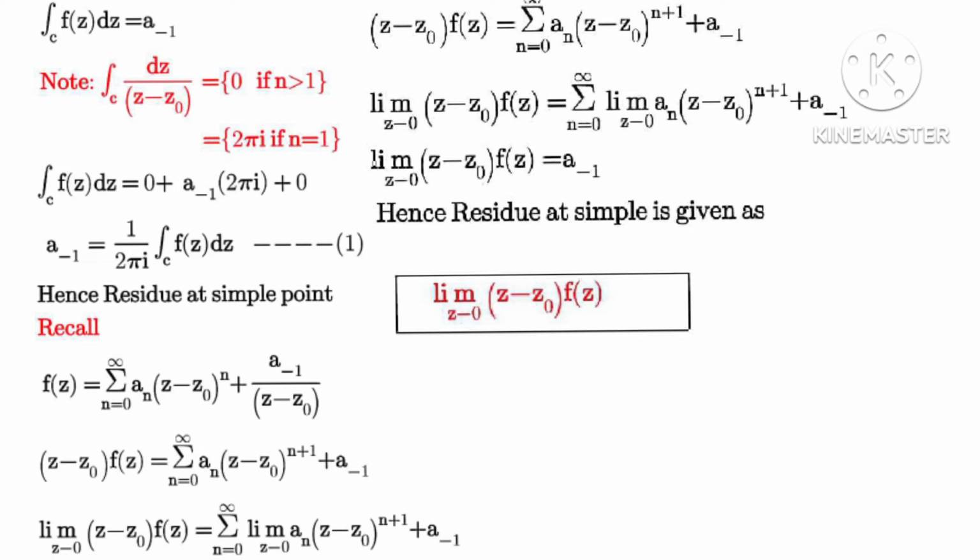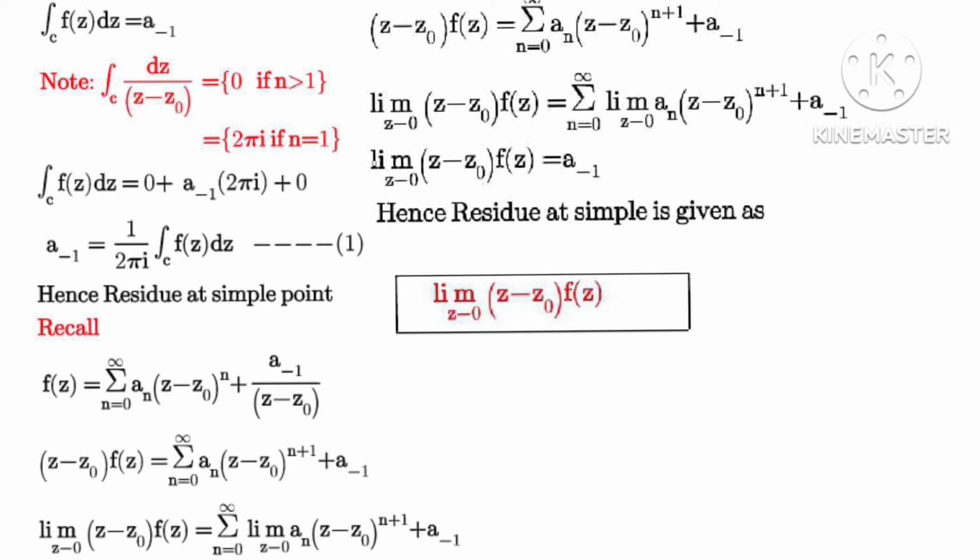So therefore, residue at simple poles becomes, we already multiply through with f(z). We already multiply with z minus z naught. So we have our residue at simple poles to be the limit, of course, after multiplying with z minus z naught, you take the limit of z to z naught of z minus z naught f of z. Then we have it to be equal to the sum of limit of z minus z naught raised to power n plus 1 plus our residue.